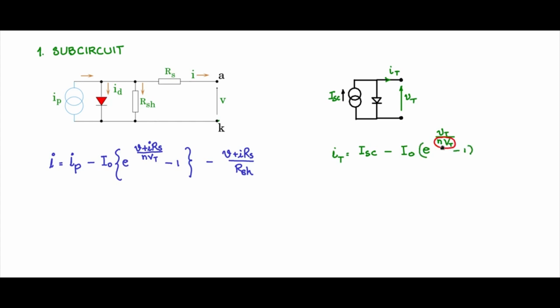So this value, N is 2 for silicon and VT is 0.026 for 25 degree Celsius. So I will take it as a value equal to approximately 2 into 0.025 is equal to 0.05 for easy calculation, and rewrite our IT model as ISC minus I naught e to the power of VT by 0.05 minus 1.